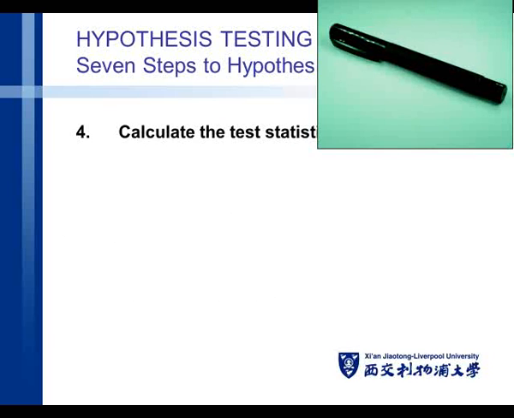Then you calculate the test statistic. So remember, you're going to use the standard normal distribution to make the comparison, right? You know the distribution of the sample average from the central limit theorem.